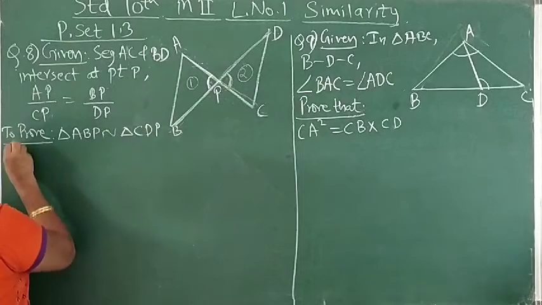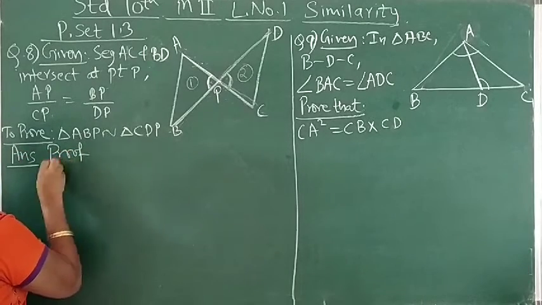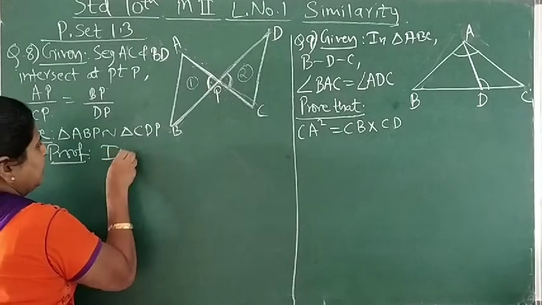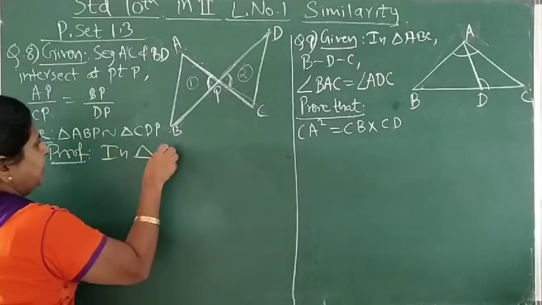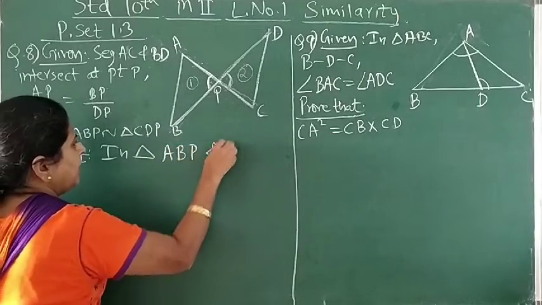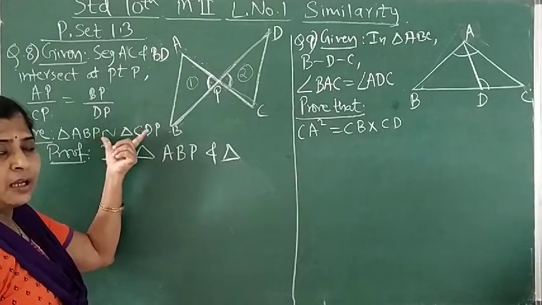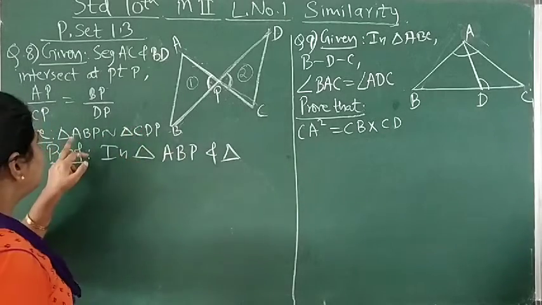Okay, to start our answer, our proof part, in triangle ABP and triangle CDP. Now let's check. 99% the names given in the question are in correspondence only. Just check it.